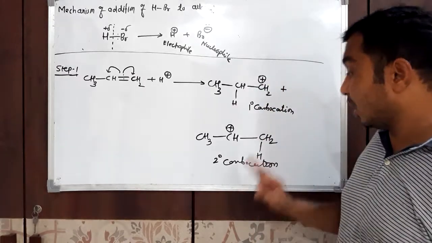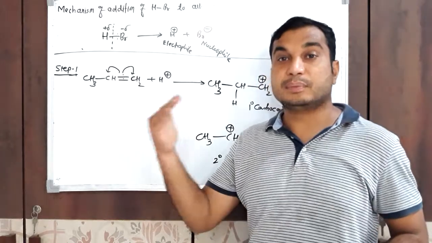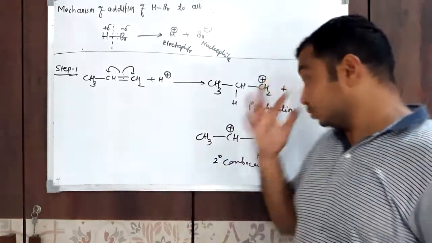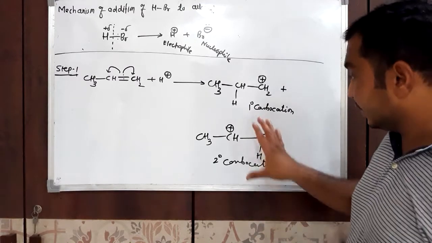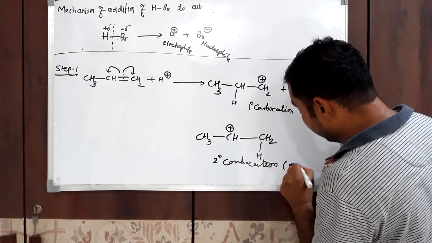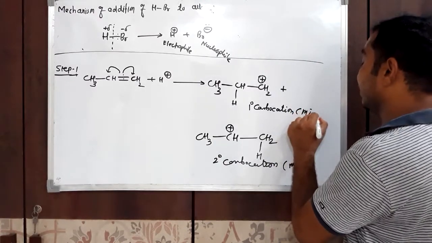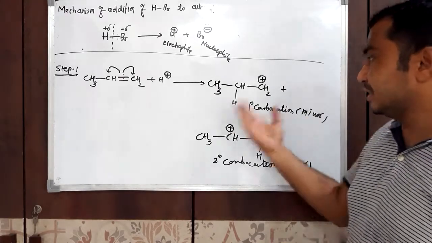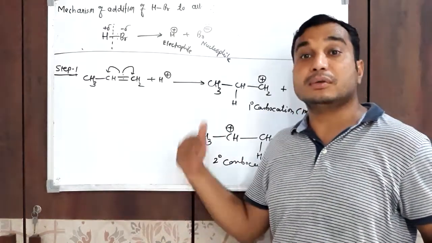Okay, so those carbocations which are more stable, definitely that will form in more quantity. So this is major in the reaction, and this is minor. Why minor? Because this is less stable. Less stable product forms in less quantity, more stable product forms in more quantity.